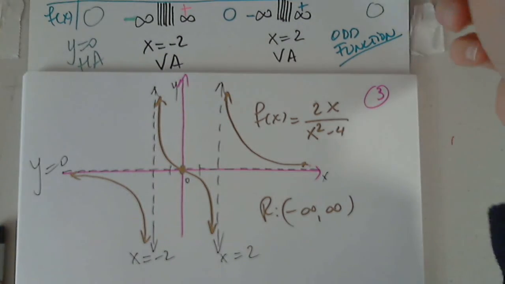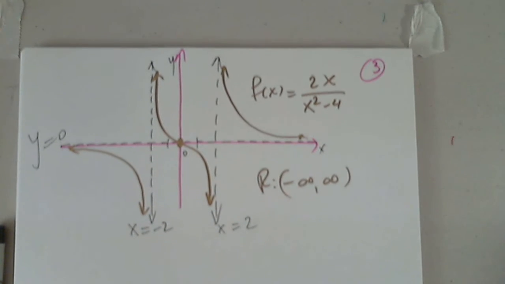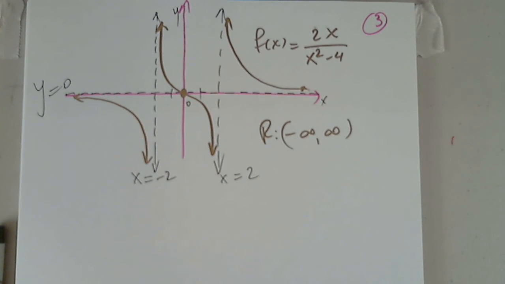But before we move on to type 3, I want to choose a function myself or create one because I don't see one. Do I see one? No, I don't see one. Oh, I do see one.